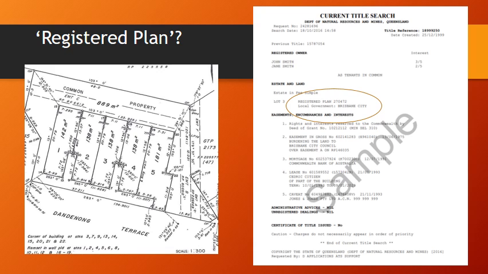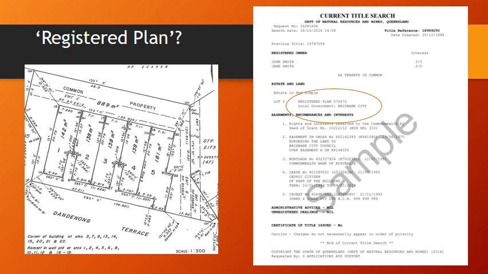So when the plan is registered, and you've seen this document before, this is the title search which I've shown you in previous podcasts, you can see that, let's just assume this is, what did I call her? Serena Smith. So she's the registered owner of lot 3, so this one here, on registered plan 270472. Obviously I've got a different number here, but just assume that those two are the same numbers.